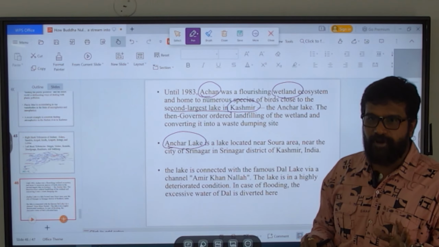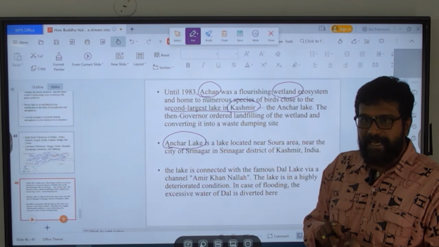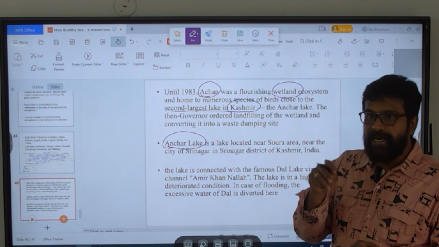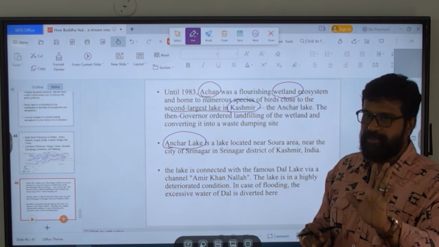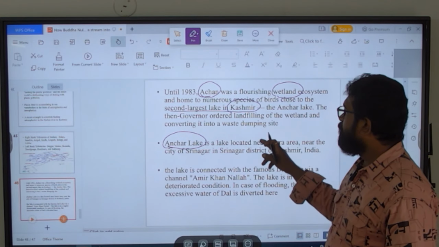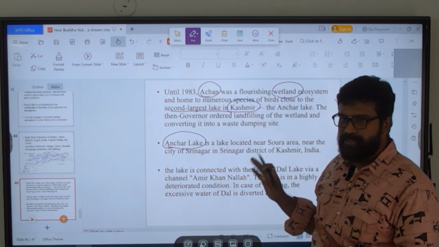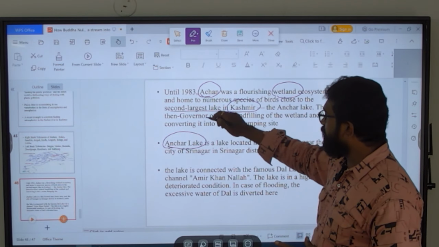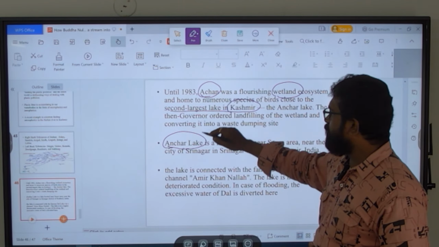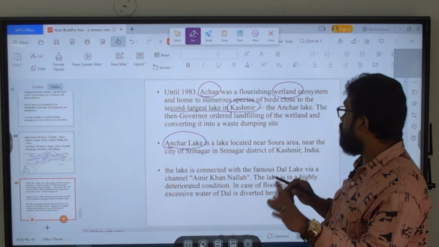In Kashmir, we have a lot of lakes. Dal Lake is there, Wular Lake is also there. We studied all these in the conventional area. But until 1983, not right now, Achan or Anchar Lake was the second largest lake.